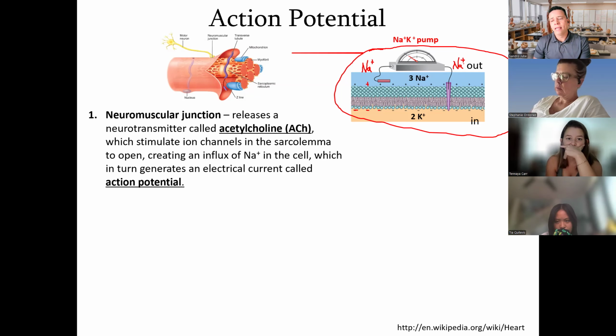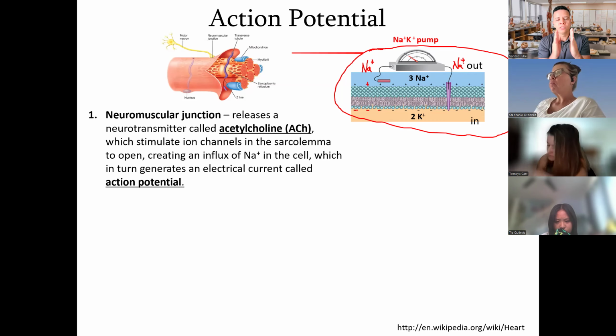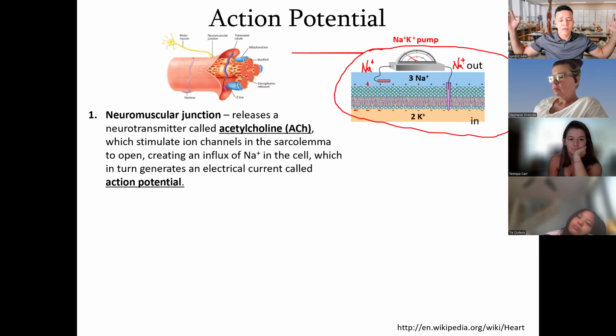Once the acetylcholine goes into the synapse between a motor neuron and a skeletal muscle cell, now the acetylcholine will bind to the ion channel, opening the ion channels up. Once the ion channels are open, we're going to have a flood of sodium going inside of the cell.